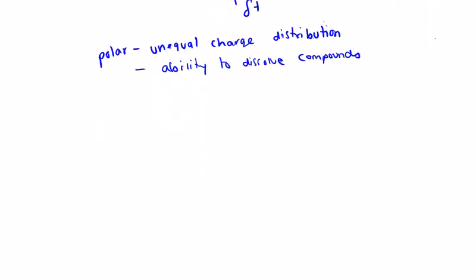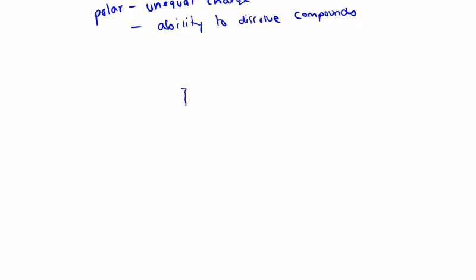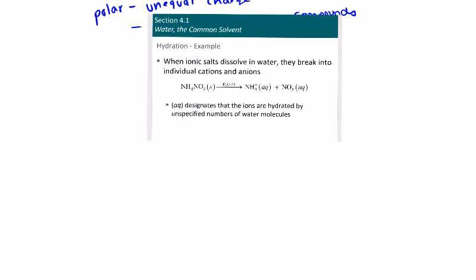Hydration is a process that we're going to talk a lot about in this chapter. So here is hydration. When we have a salt that breaks apart in water, it's going to break apart into its individual cations and anions. This solid notation is just like when you're dissolving salt in a saltwater solution.